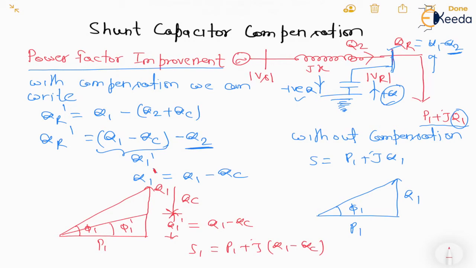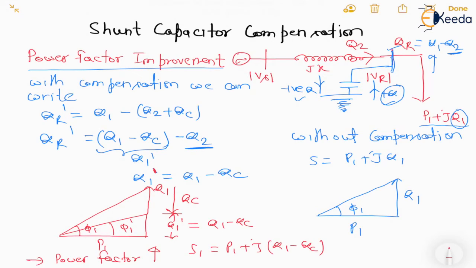So the power factor angle has been reduced. What does it mean? If the power factor angle has been reduced, the power factor value will increase, because the power factor angle has decreased. So now this is the first method.